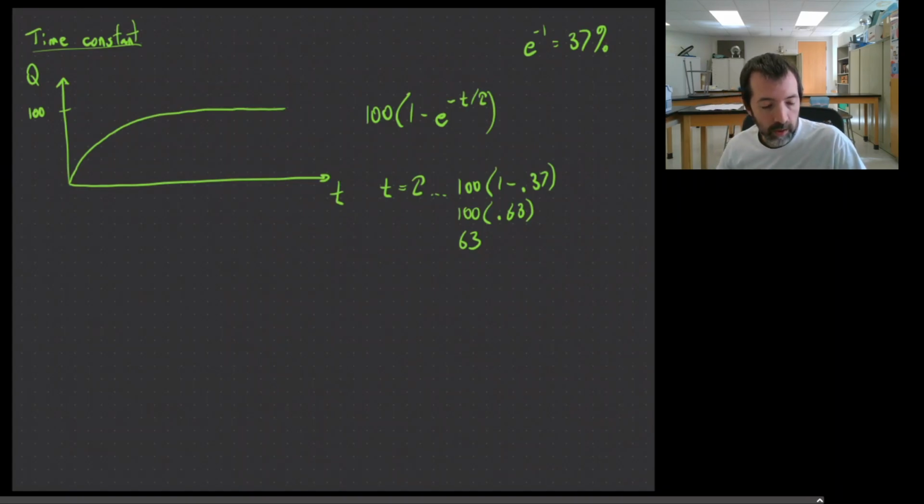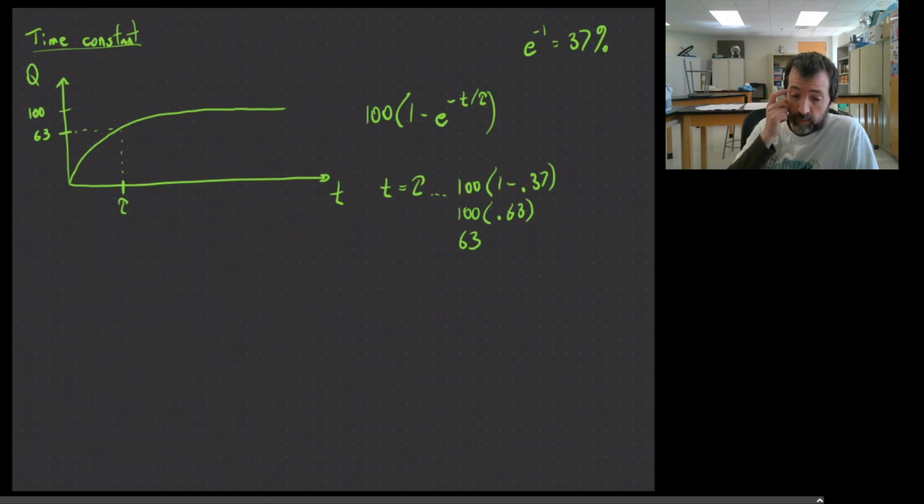So one time constant, let's say it's here. One time constant gets me to about there. Which is around 63. Very roughly 2/3, but that's very rough. So if you wait for 1 tau, you'd go 63% of the way that you've got left to go.